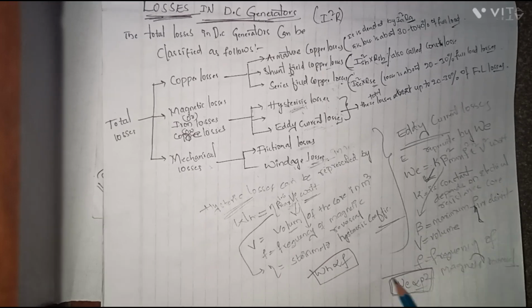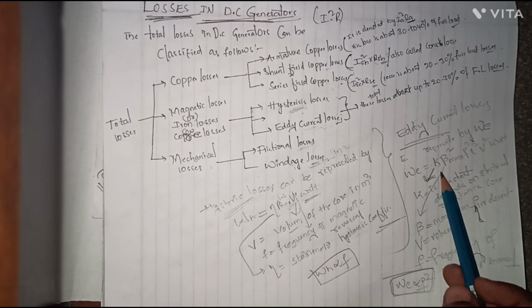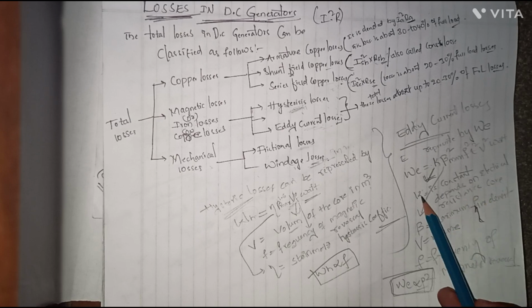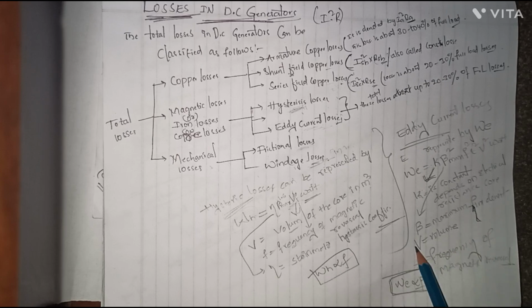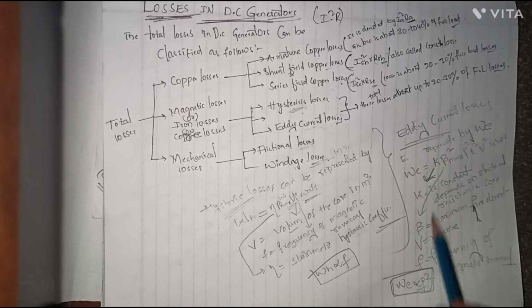Beta is maximum flux density, V equals volume in meter cube. F is frequency of magnetic reversals. Always this eddy current loss is directly proportional to the square of frequency.